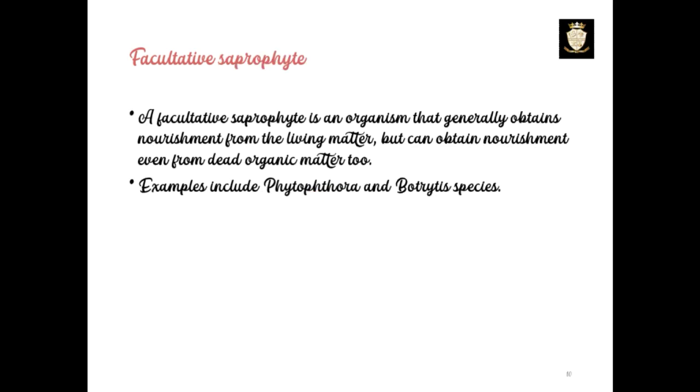The facultative saprophytes obtain their nourishment from living matter, but sometimes they also obtain their nourishment from dead organic matter too. Such bacteria are included in the facultative saprophyte. And the example is Phytophthora.